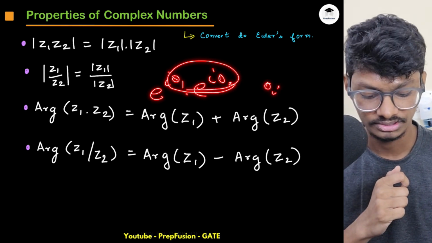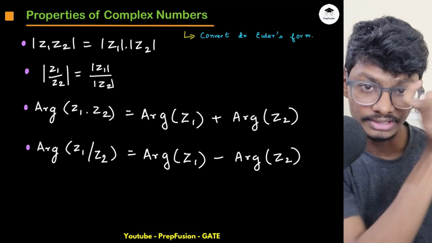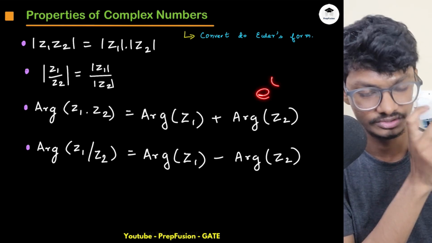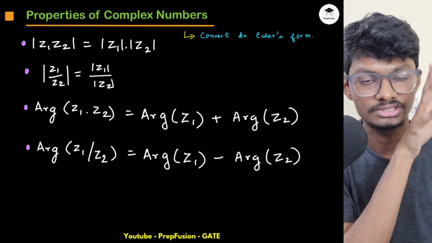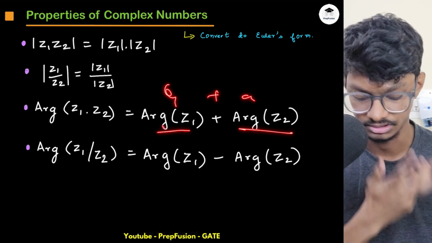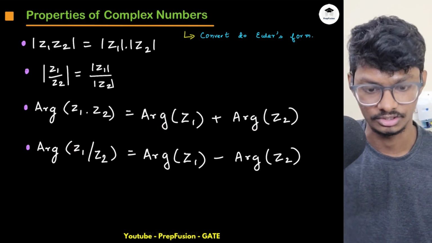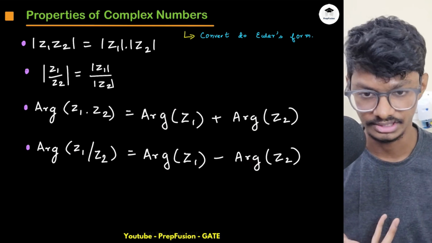So theta 1 plus theta 2 will be the final expression of my complex number. Obviously the argument will be the angle with i in the power of e. So it is theta 1 plus theta 2, exactly what is written over here. These are simple things, I hope you can understand. When I divide, it becomes theta 1 minus theta 2. That's why it becomes like this.